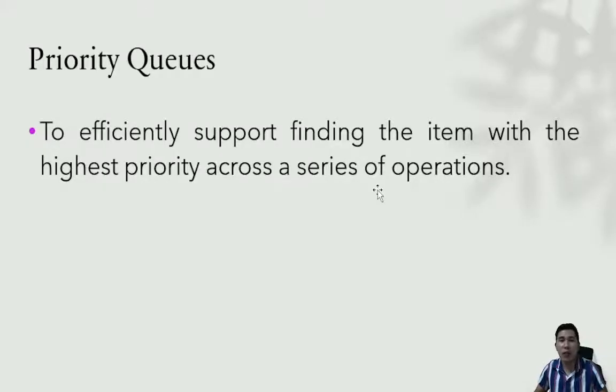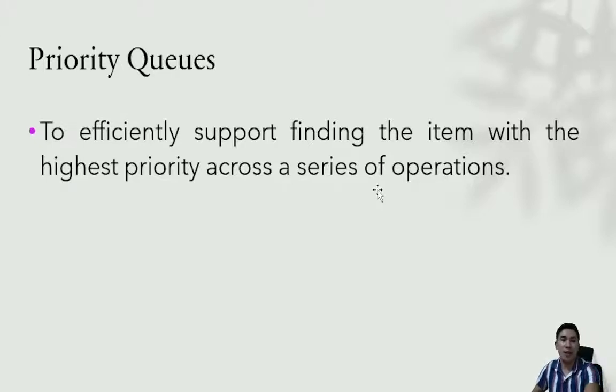Priority queues are used to efficiently support finding the item with the highest priority across a series of operations. So the order of the queuing will be changed if there are elements that need to be served first on top of the others.